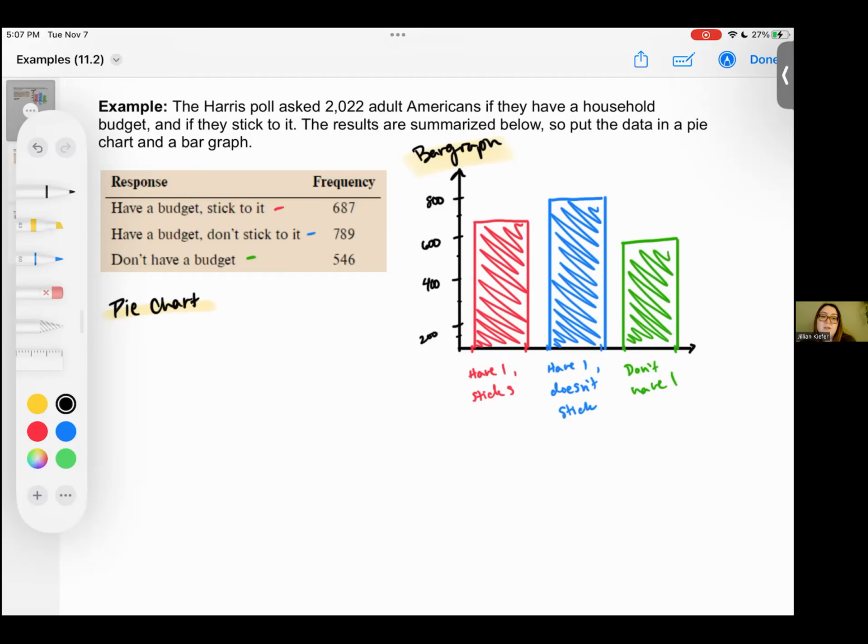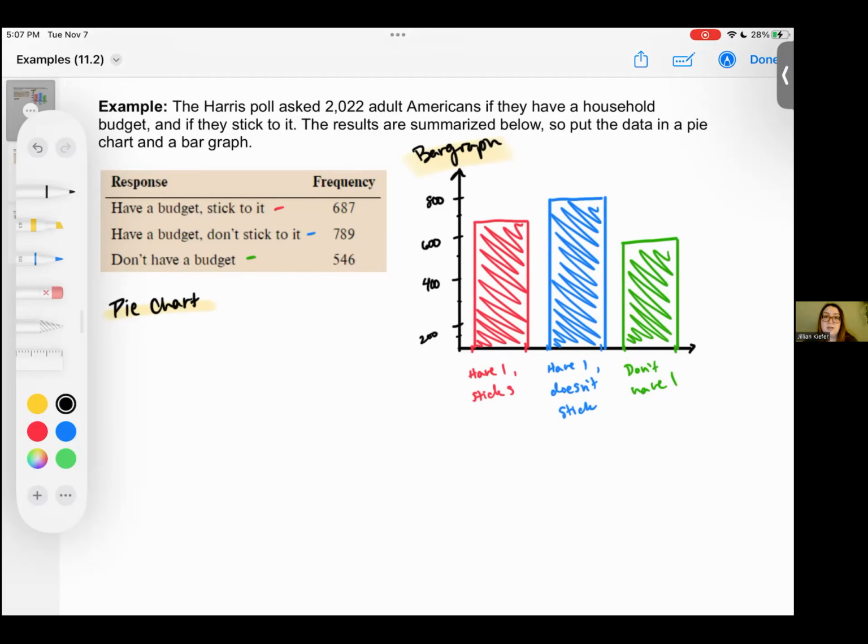And so when we convert to degrees, we have to take every category and convert it. We do that using the formula that we saw on that last slide, where the degree is equal to the frequency of that option divided by the number of the whole, and then times 360 degrees.